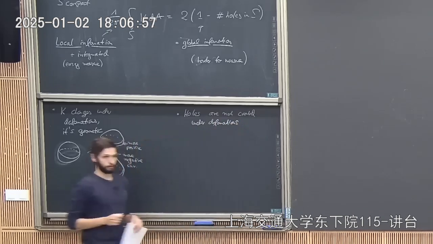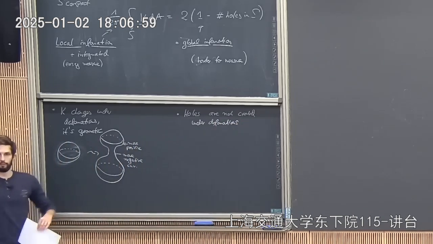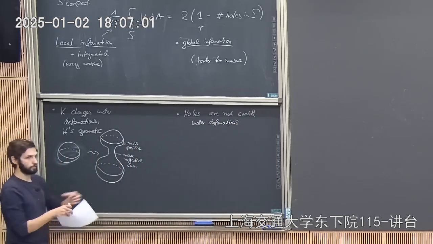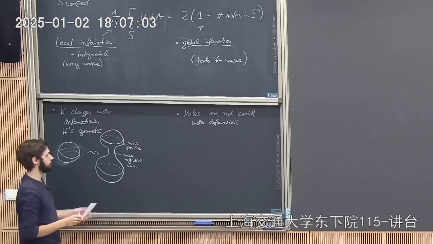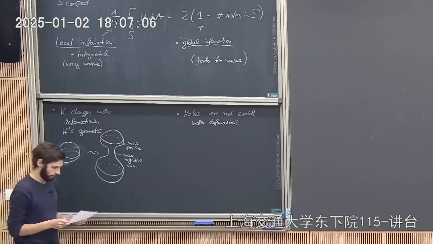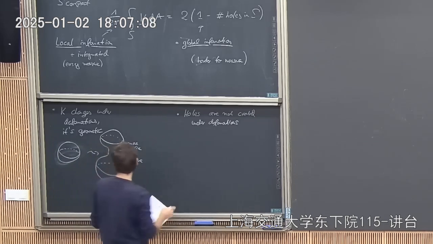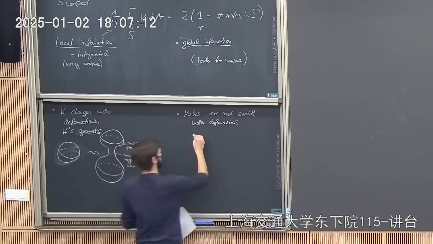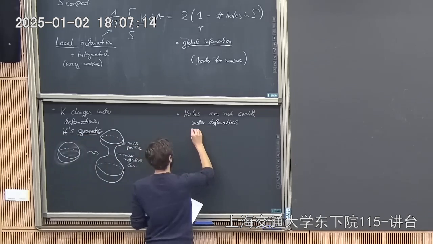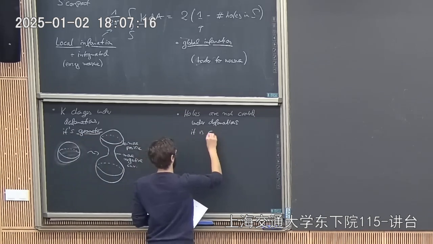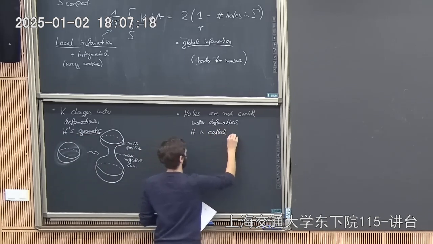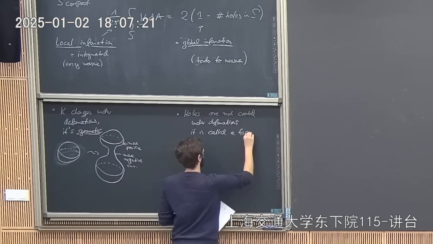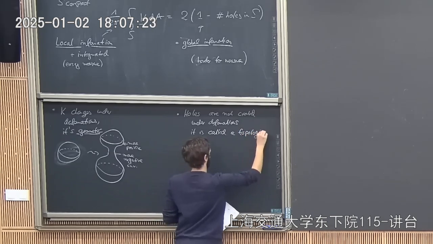Of course, if you rip your surface apart, then you can create holes in there. But under small deformations, or just continuous deformations, you will never create a new hole. And that's why this one was geometric. This one is what is called a topological invariant.